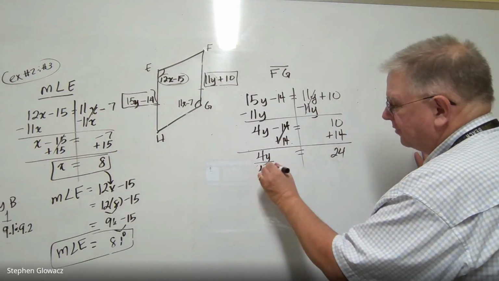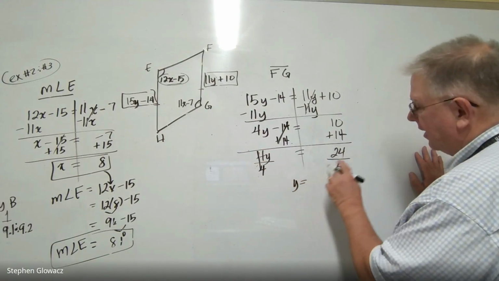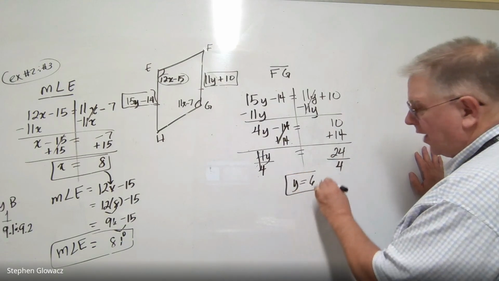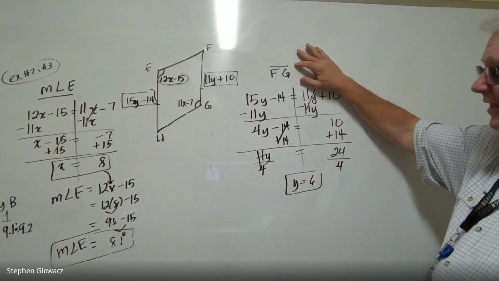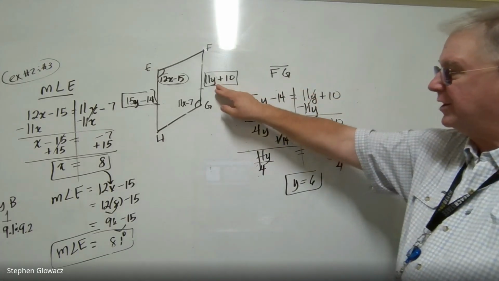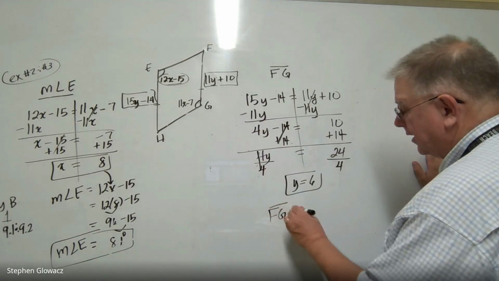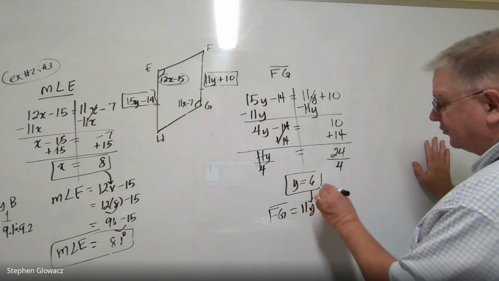Y is being multiplied by 4, so we divide both sides by 4. 24 divided by 4 gives us 6. So y is 6. But once again, that's not our final answer because they're asking us to find the length of FG. FG, the expression is 11y plus 10. And so we're going to substitute the 6.